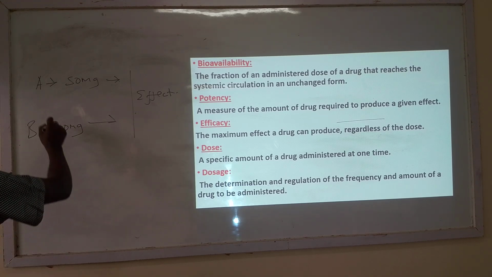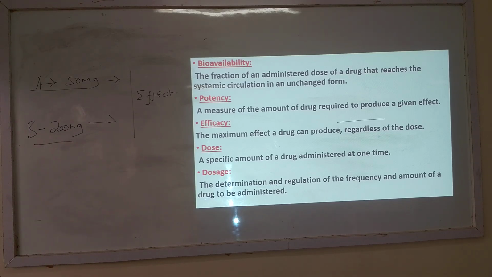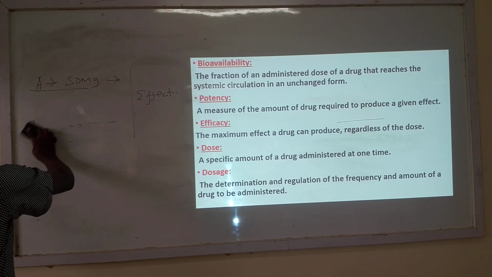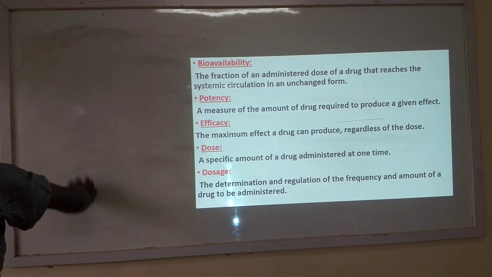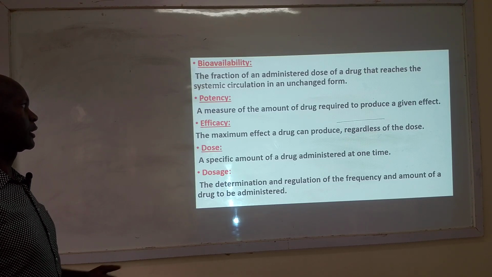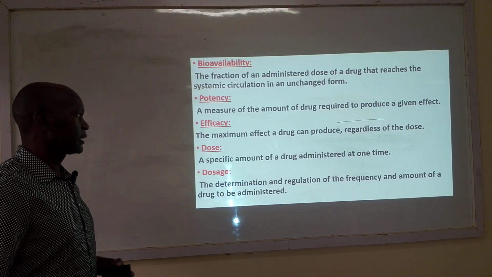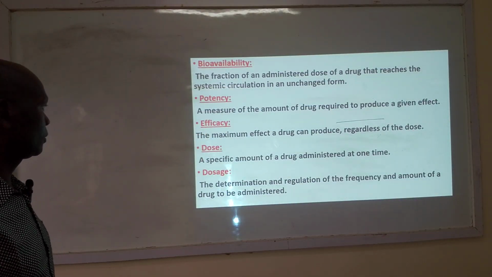Then I can say that drug A is more potent than drug B because for drug A we just need 50 milligrams only, while for drug B we need 200 milligrams. That's the meaning of potency. Efficacy is the maximum effect a drug can produce. This one doesn't depend on the dose.